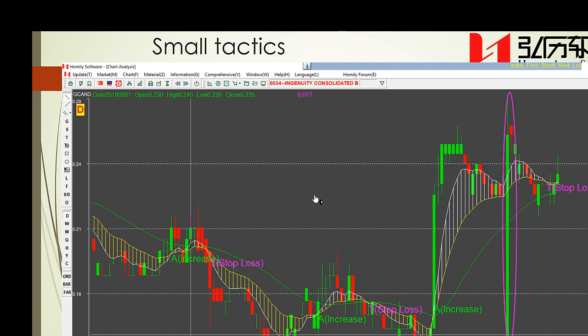But usually the banker is very smart, so he didn't close below this point. Here we get the resistance, so we should be very cautious. This method is also very dangerous. You don't know where he will close.